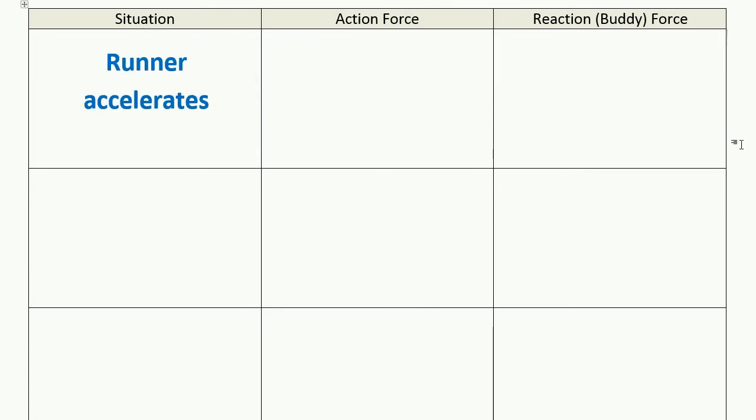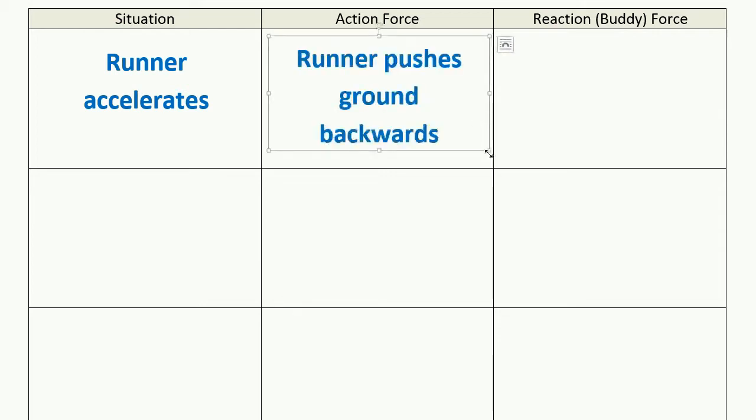First is a runner accelerating. Well, when we think about how this happens, we say, well, if I wanted to go running and I wanted to speed up, I would use my feet to push the ground, and I'd push the ground sort of backwards. I'd push against the ground, behind where I want to go.